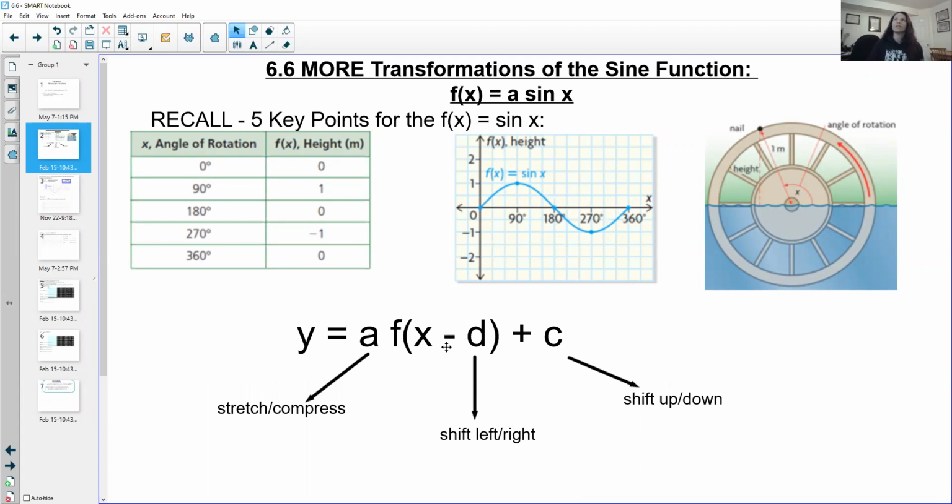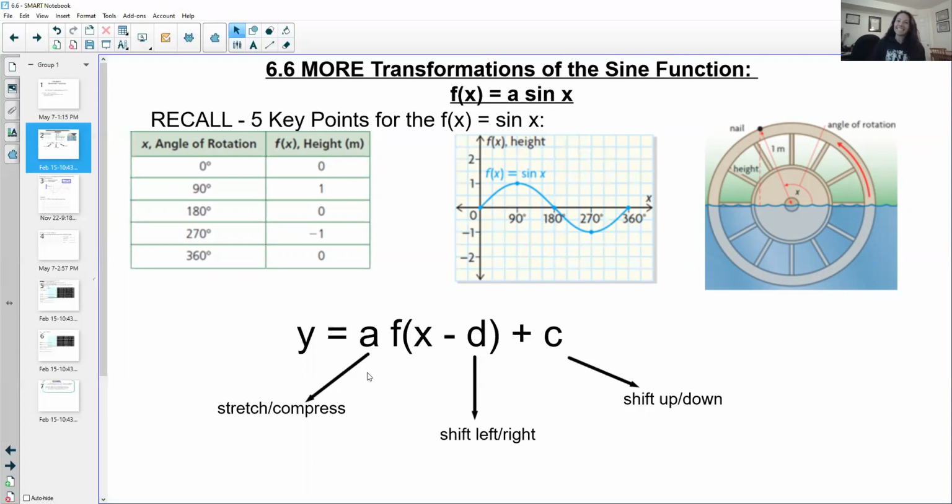So if you put a negative number in here, your equation would have x plus a value. The sign on the inside is going to be a little bit backwards. If this has x minus a number, it is actually moving to the right. If it says x plus a number, it's because there's a negative value in there, and it will move to the left. So just be aware that the signs might be a little bit backwards.